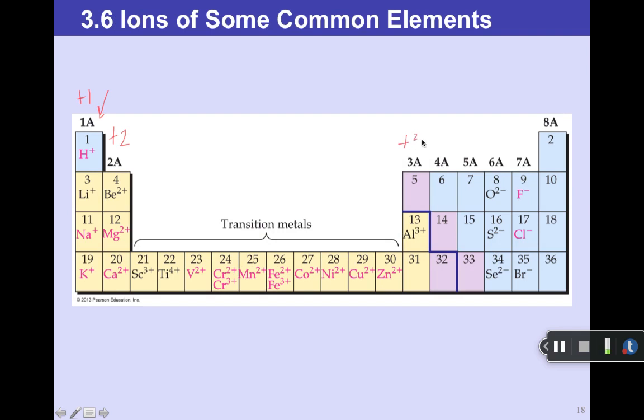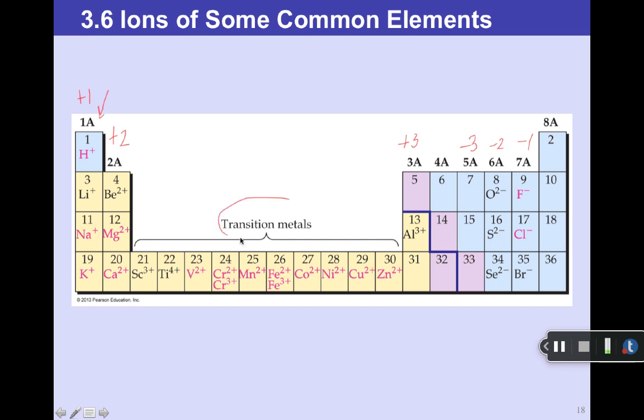If you have a metal there, make sure you're not worrying about the nonmetals. Group 4 doesn't really make ions, not in general, and then group 5A will be -3 ions, group 6A -2, and -1 ions for group 7A. All of these are, of course, so that you can get an electron configuration corresponding to the nearest noble gas.